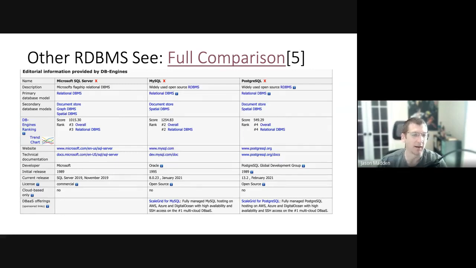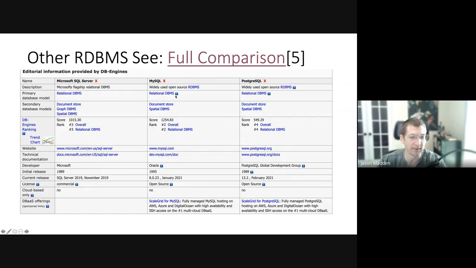So comparing the top 3, these are almost the most popular, and ranking-wise on this comparison, they're very close. Some of the differences are what I brought up before with language specific. Microsoft SQL is a lot better aligned with C# and Windows development.